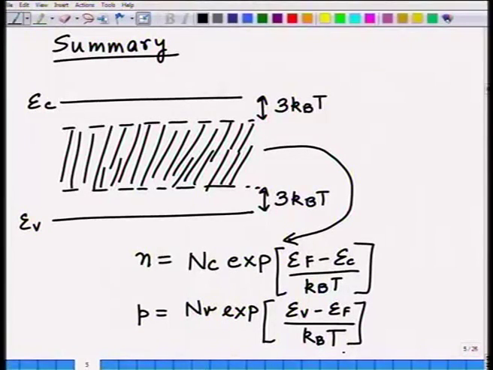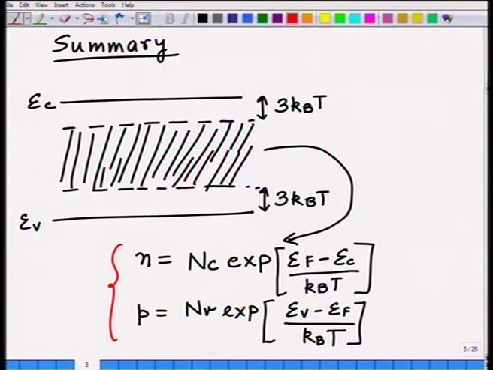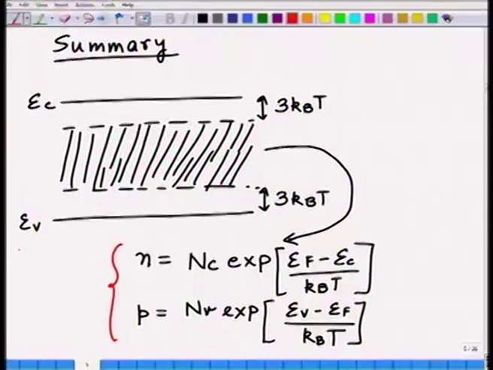Here, kBt is the Boltzmann constant times temperature. All right. So, these two formulas are valid in the region if you are 3 kBt away from the band edge.